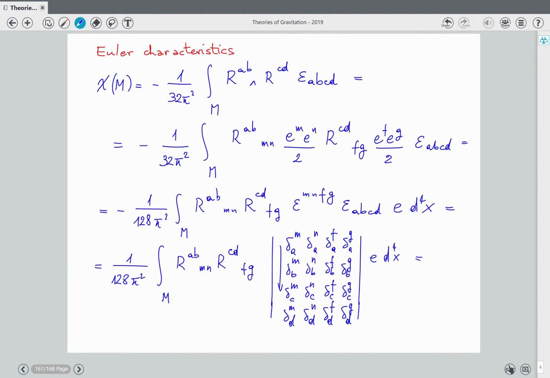Plus. So now we have to compute starting from here. But this will give, by anti-symmetry, the same contribution.